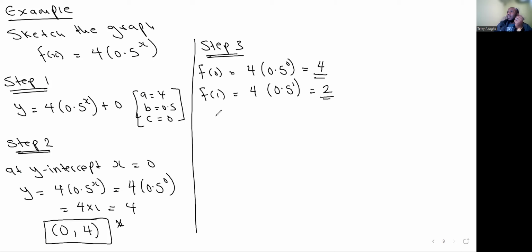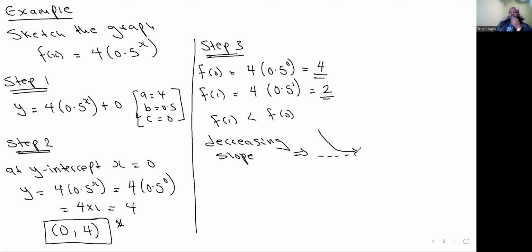So you can see that f of 1 is less than f of 0, so this is a decreasing slope. That means when we draw this graph, we should expect it to look like this, because it's decreasing.